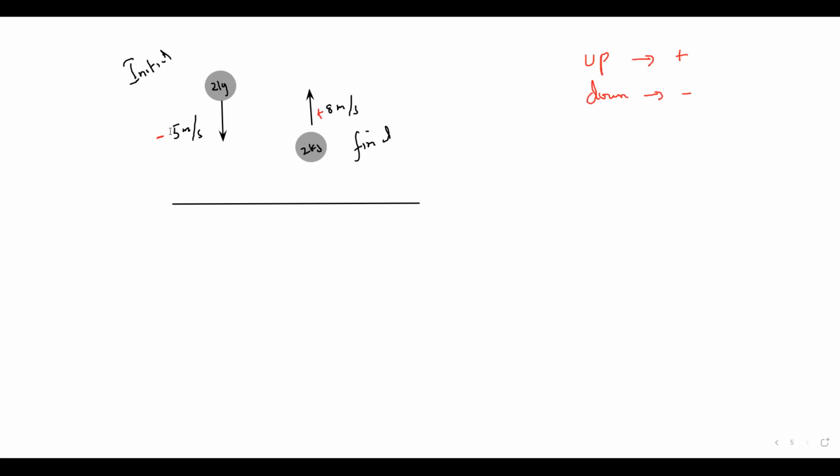When I calculate the initial momentum, which is the product of mass and velocity, the mass is 2 and the velocity is minus 5. The initial momentum will be minus 10.